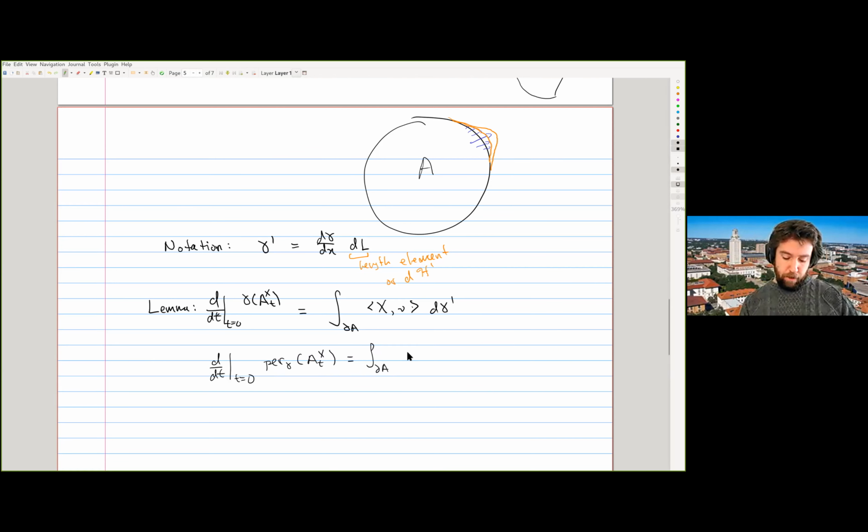It's also somehow proportional to how much I'm pushing in the normal direction, but there is an extra factor here, which is the curvature at the point minus x inner product the unit normal, x being the point that I'm at. Okay.